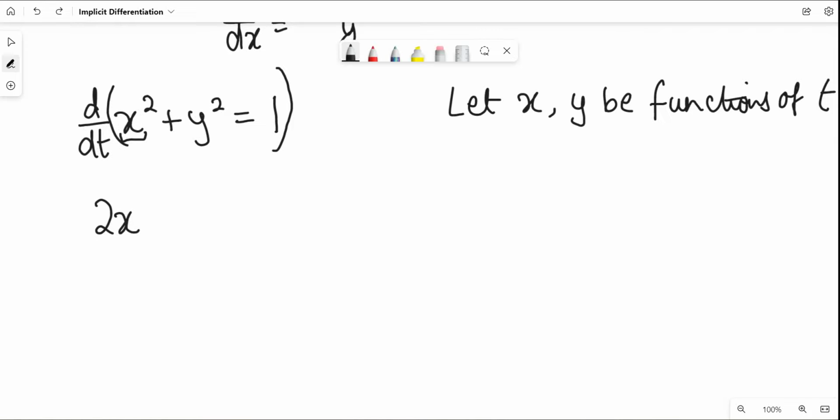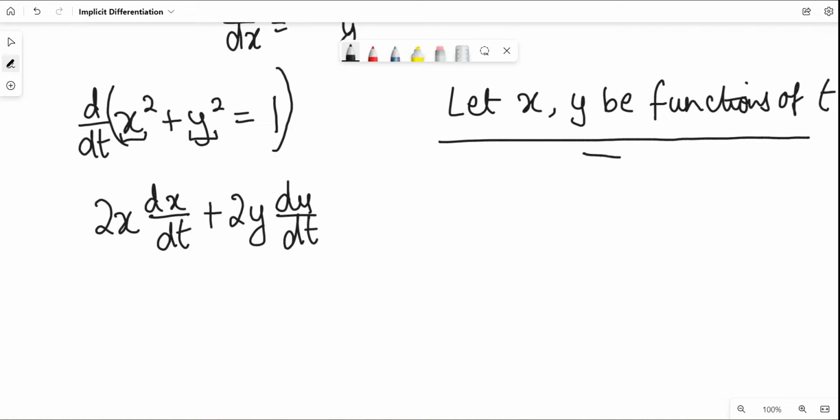So by the chain rule we get 2x dx by dt, plus 2y. And remember we said y is also a function of t, and according to the chain rule this would give you 2y dy by dt. This step, by the way, could also be called parametrization, which will be covered in a later topic.